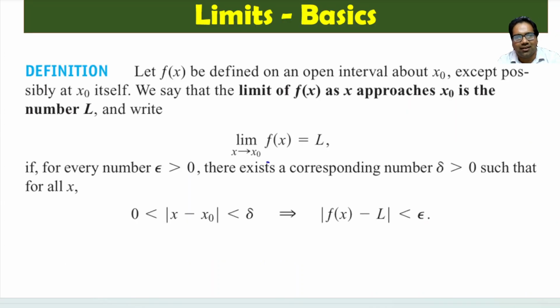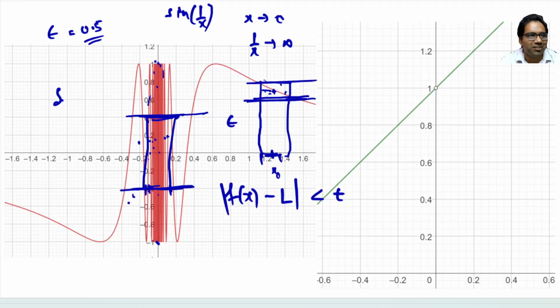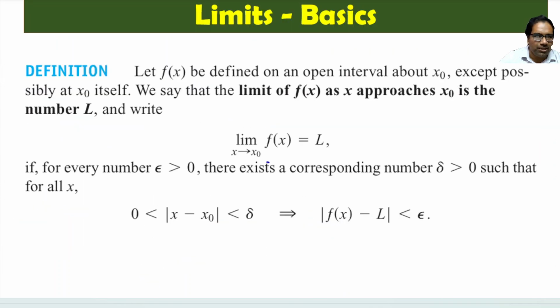So that's why this is a little complex to comprehend. But it is good to know the precise definition of limit to understand the beauty of calculus and these functions. Generally we use the informal way, where if the function is coming very close to L, we say that that is the limit from both sides of x naught.